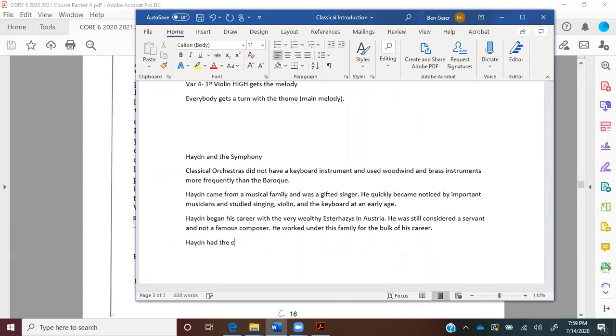Haydn had the opportunity to visit London and conducted new concert works for the British people, and the royal family favored him.